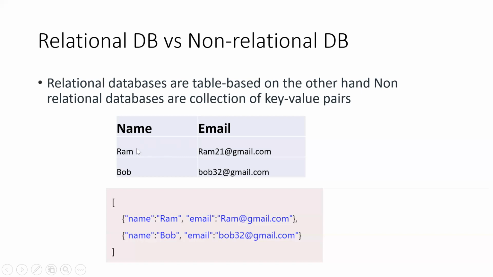In name, we have inserted two rows, the first row and second row, and the same data can be represented in this format. We can say this is a JSON, or we can use a Python dictionary in this format. If you're aware of YAML, XML, that is also a format of representing the same data. We are not using columnar format over here. We are splitting this and putting it inline.